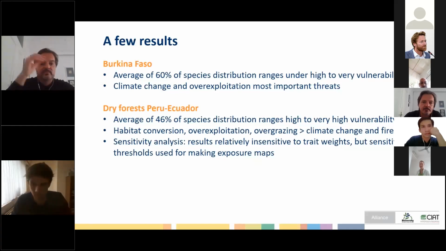So for example, for livestock, for vulnerability to overgrazing, we made these exposure maps by setting a maximum overgrazing exposure between 50 and 100 tropical livestock units per square kilometer. This threshold was based on literature, but if you set this threshold, for example, to 80 or to 120 instead of 100, this was found to quite influence the results.